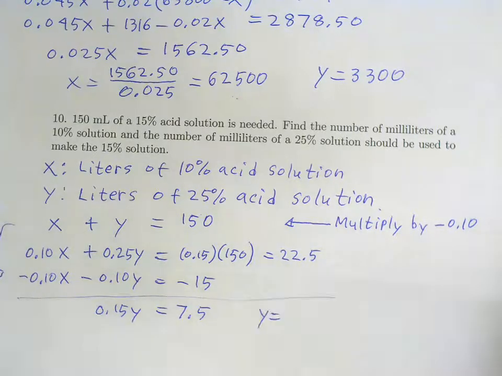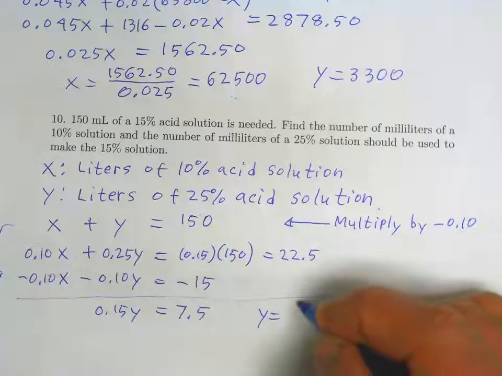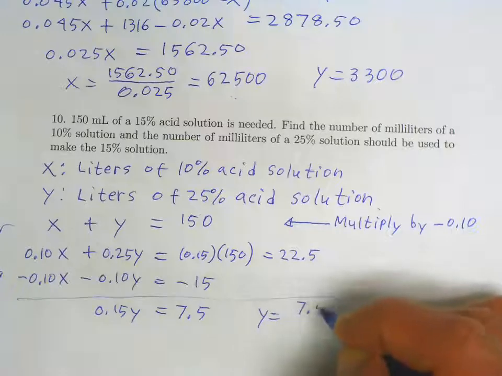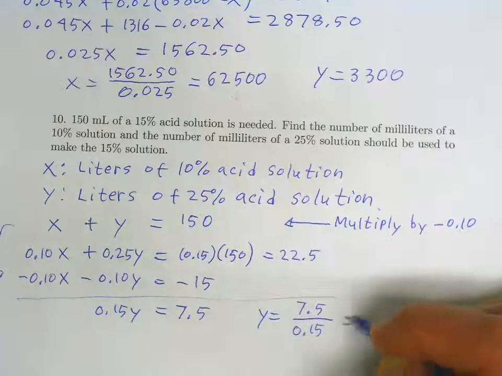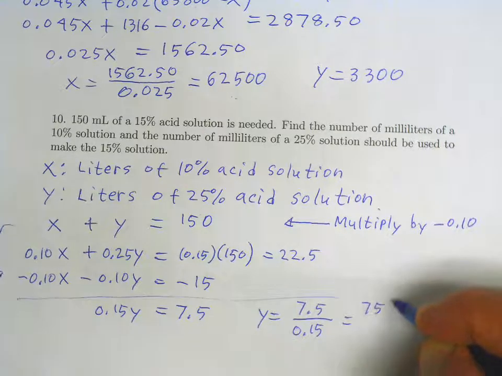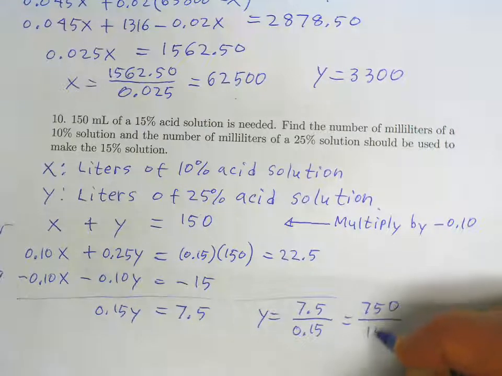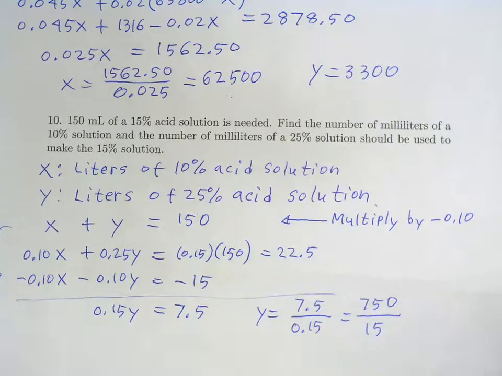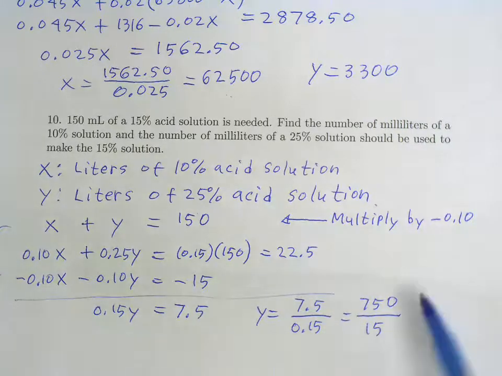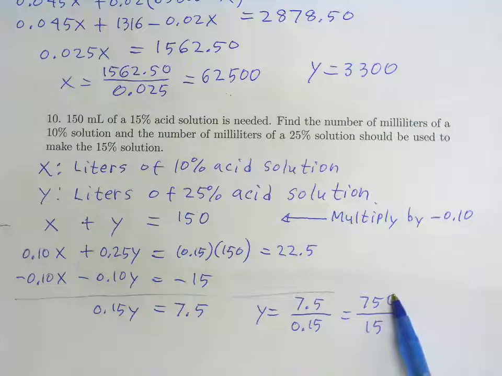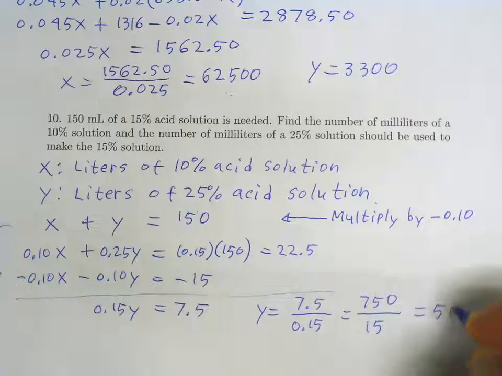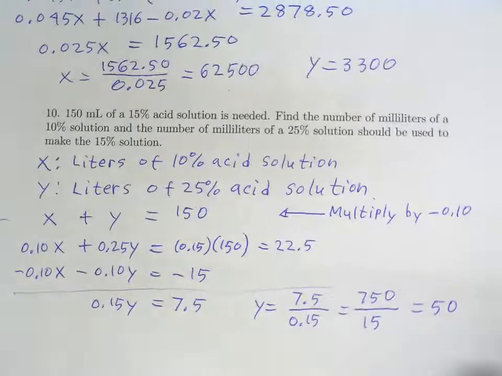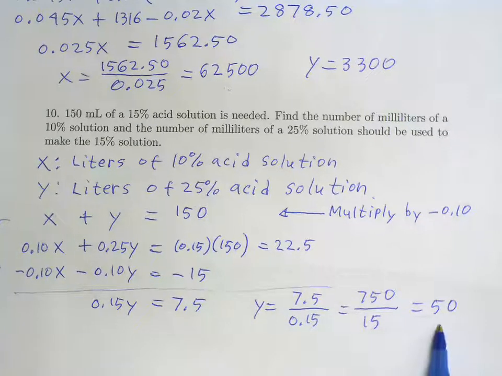And then we can divide both sides by 0.15. So 7.5 divided by 0.15 is equivalent to 750 divided by 15. And 15 goes into 75 5 times. So this is 50. So the Y value is 50.